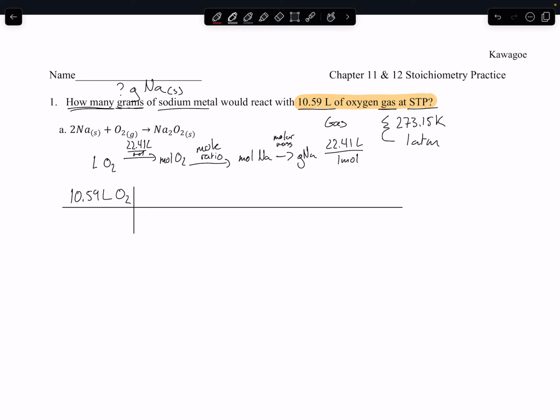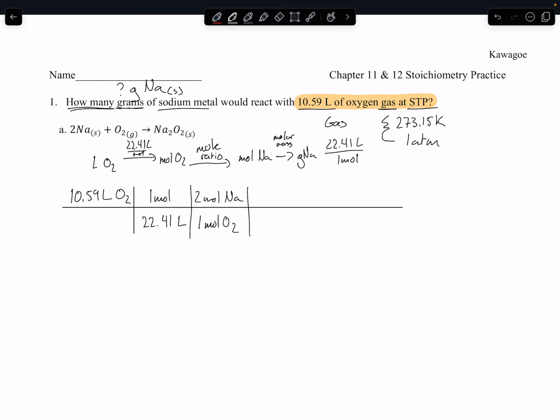So starting out with my 10.59 liters now, I want to cancel out that liters and I want to replace it with moles. So that'll give us moles of oxygen, which is the second step here. And then I want to use a mole ratio, which we get from the balanced chemical equation, as 1 mole of O2 to 2 moles of sodium.